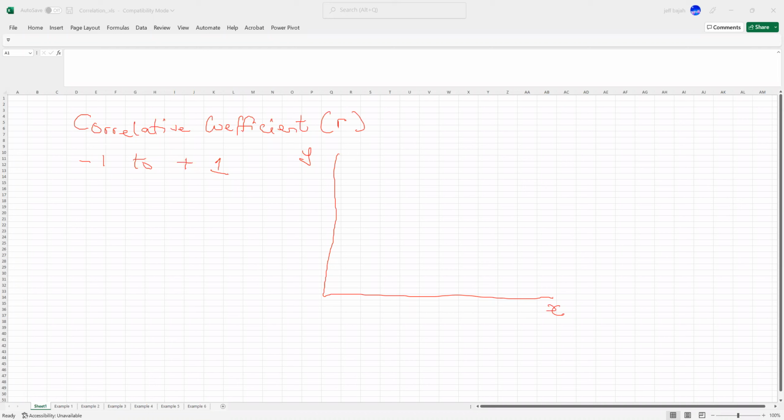And we know that when our straight line is in this form, usually that means it's positive, right? But if it's in this format, then it's negative, right? But when we have a straight line like this, there is no slope, right? And so at this point, it's 0.